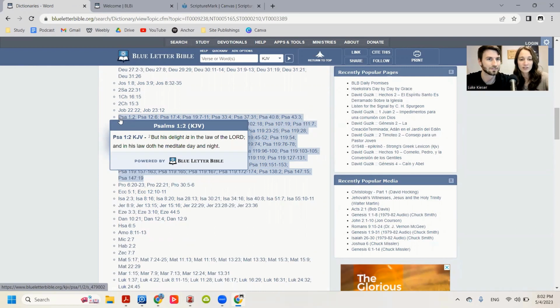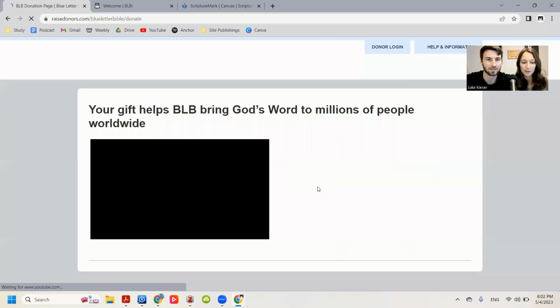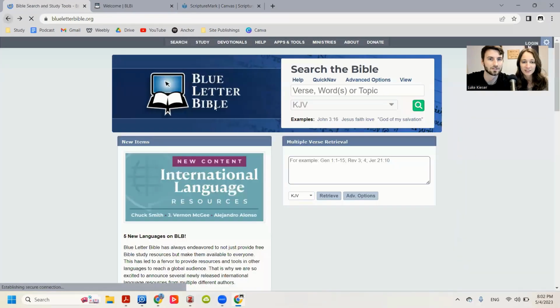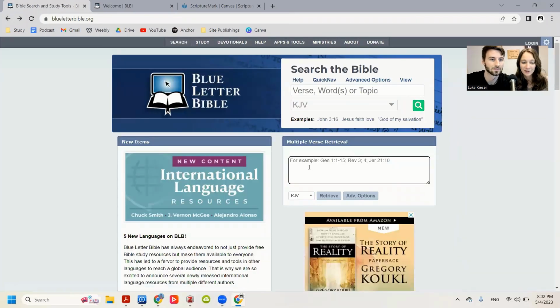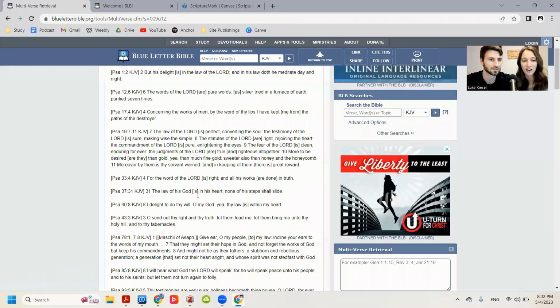Let's do it. Control C. Copy is Control C. You didn't know. Multiple verse retrieval. Control V. Retrieve. And it looks like you can do other Bible translations other than KJV as well.